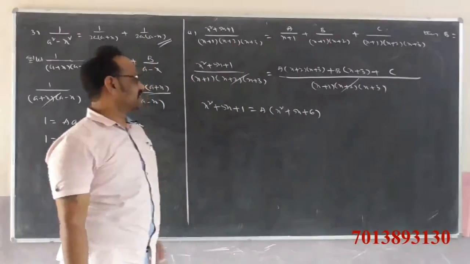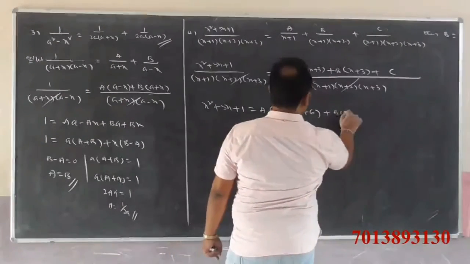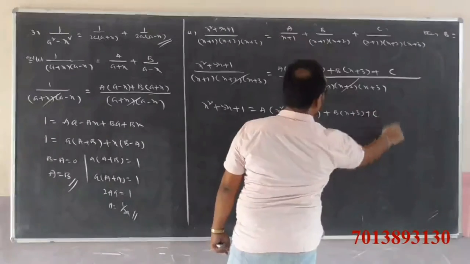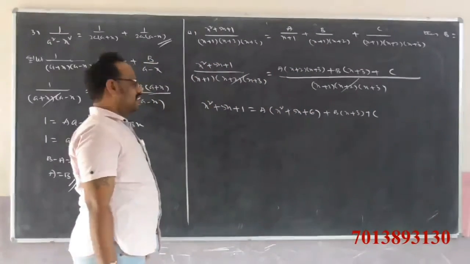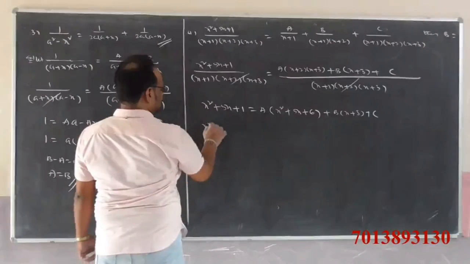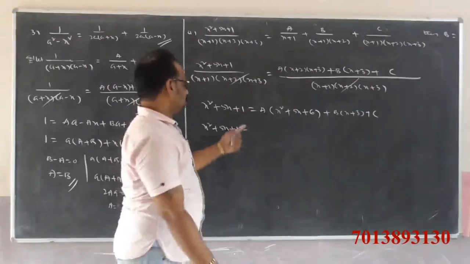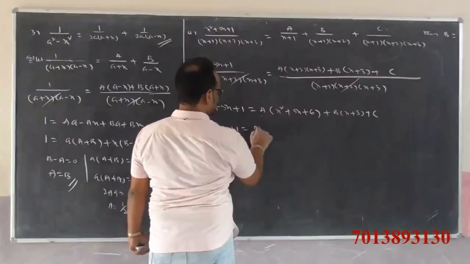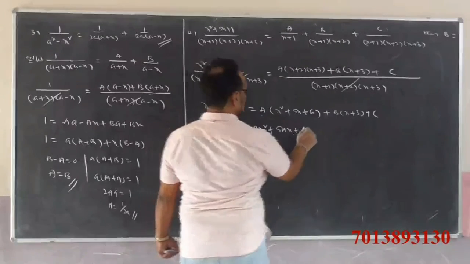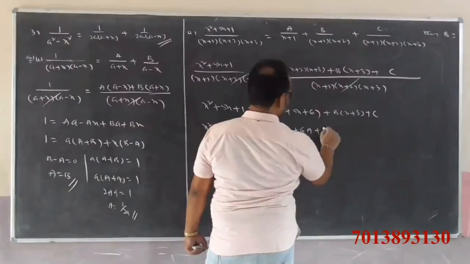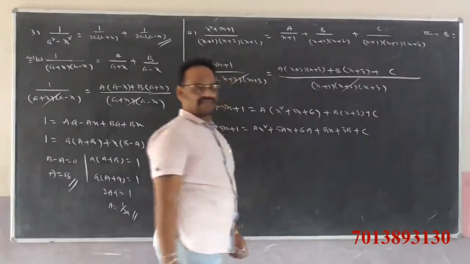X square plus 5x plus 1 is equal to clearly a into x square plus 5ax plus 6a, since x plus 2 into x plus 3 is x square plus 5x plus 6, plus b times of x plus 3 plus c.